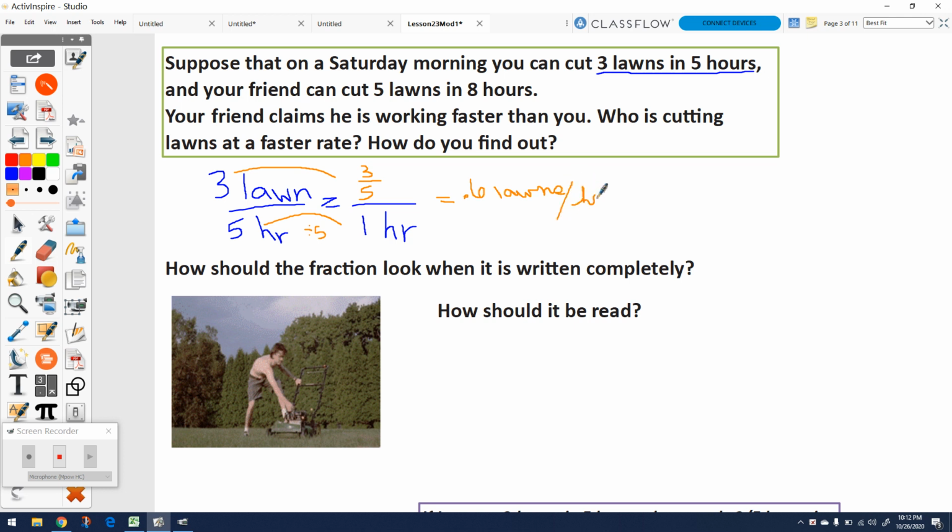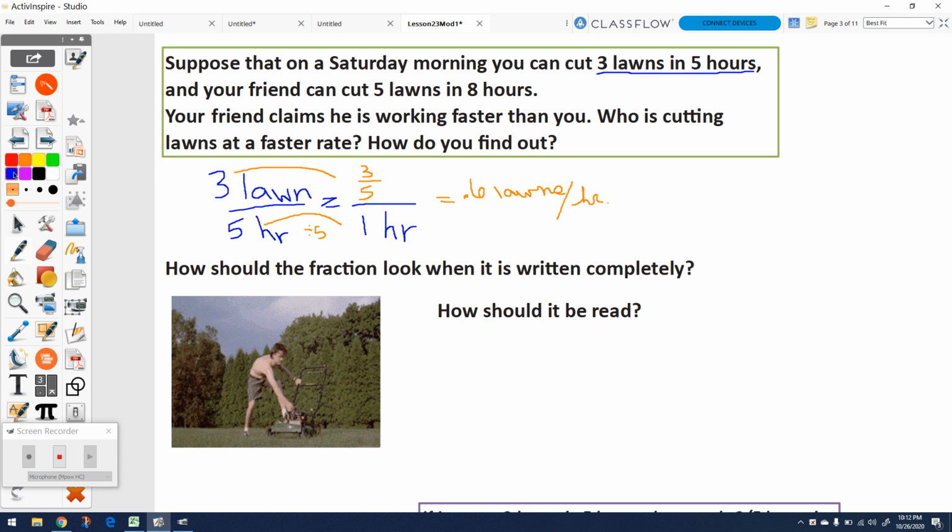Now, what does 0.6 mean? Well, it's the first place after the decimal, so that's the tenth spot. So it's 6/10. So it's a little over half of a lawn because half of a lawn would be 5/10. So in 1 hour, they're doing just over half of a lawn.